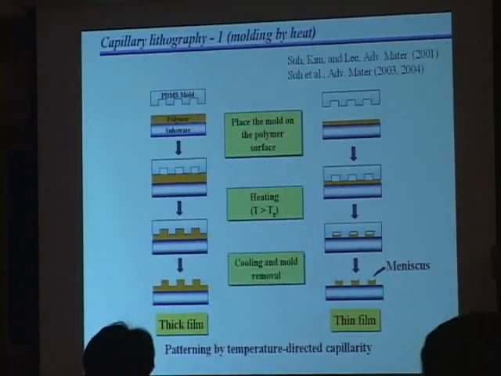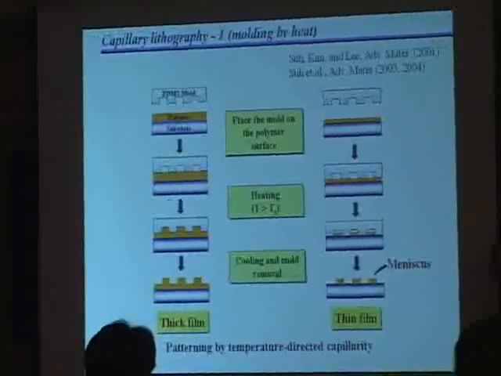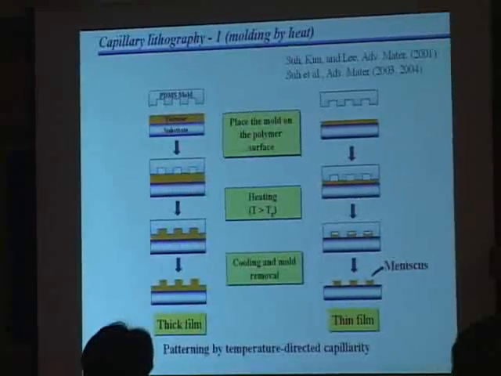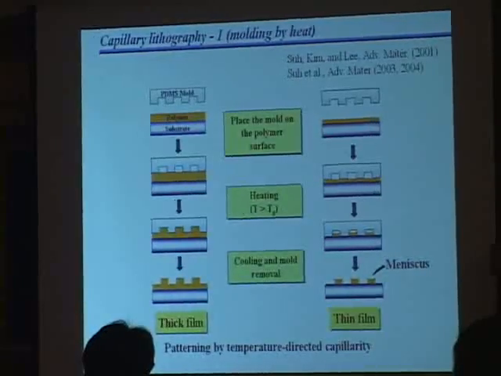In many cases, it is very important to expose the surface in one step. Otherwise, we need to apply an additional dry etching step to expose the windows. So our interest here is how we can expose the surface in one step, hopefully on large areas. That's our major goal.